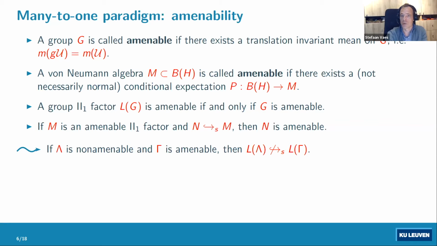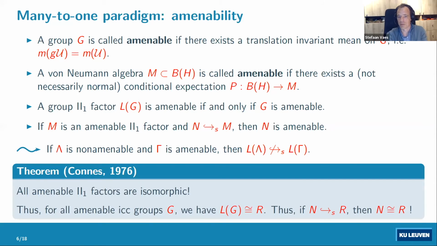Now, what has this to do with many-to-one paradigms? Well, one of the most famous theorems in the theory, due to Alain Connes, and say half of the work for which he got the Fields Medal, is that all amenable II_1 factors are isomorphic. So there are loads and loads of amenable groups with infinite conjugacy classes, very distinct groups with no relations between them.